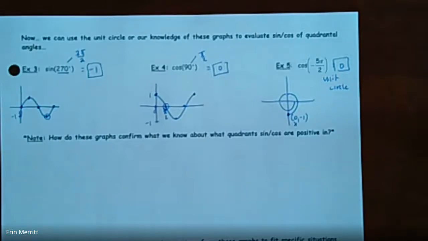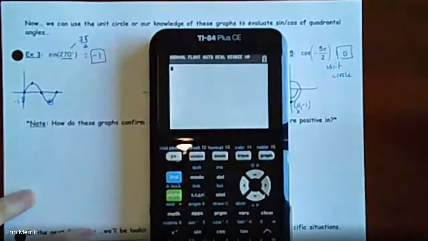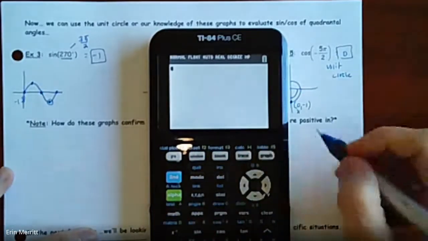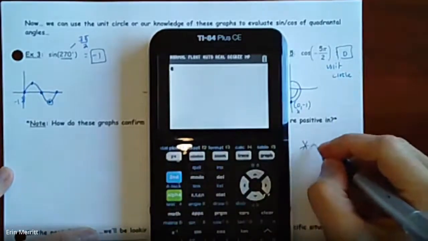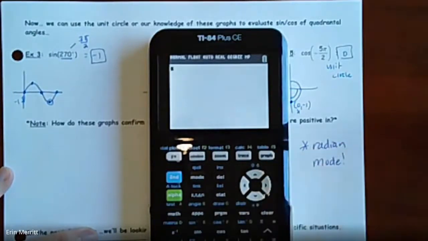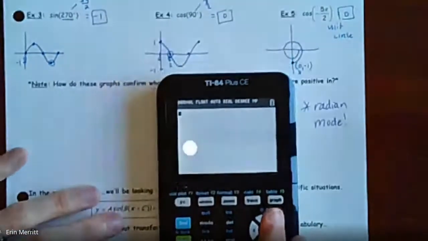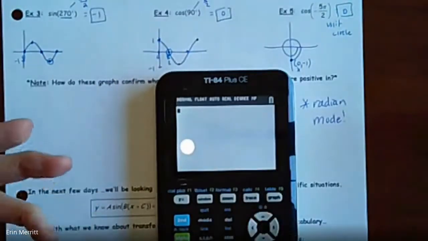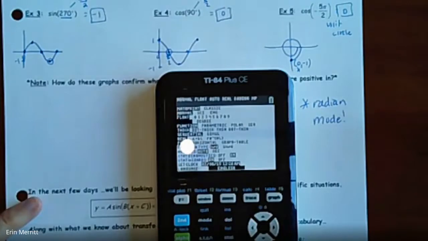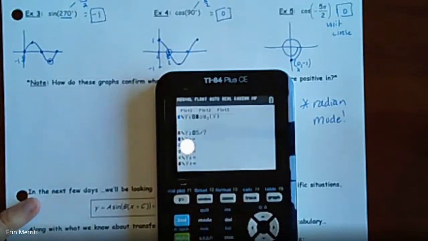All right. On your calculator, the only thing you want to make sure of is that you are in radian mode. Because anything on the calculator, graphing wise, you'd have to change everything over. So just roll with me on this one and switch it to radians. And then when you go up here, I still had some logs in there. When we go up here, we can type in sine of x.